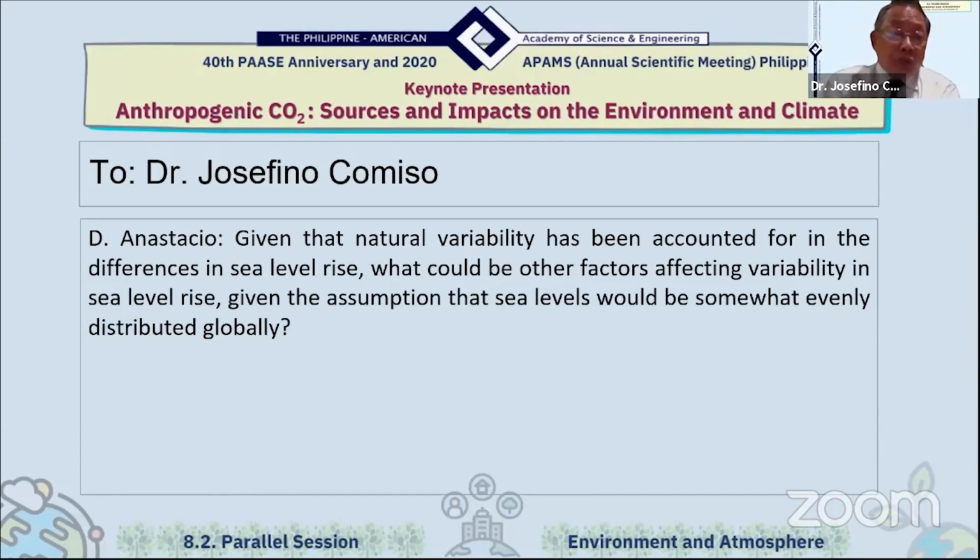Okay, so this is a question that the researchers are still trying to pursue. And the one that I showed you earlier about looking at the effect of natural variability as could be caused by El Niño and similar phenomena showed that what we see as spatial variability in sea level rise is reproduced, and it was even made worse near the Philippines.